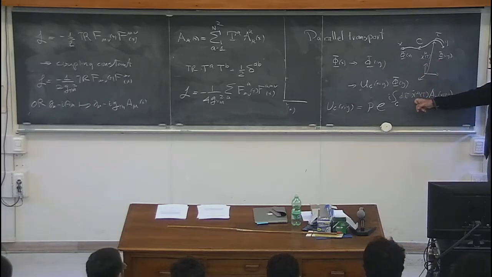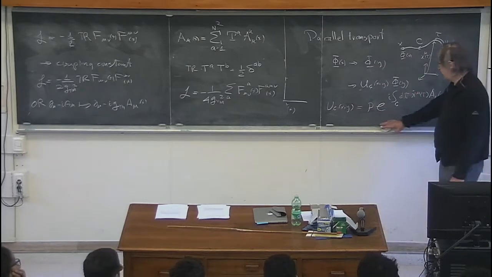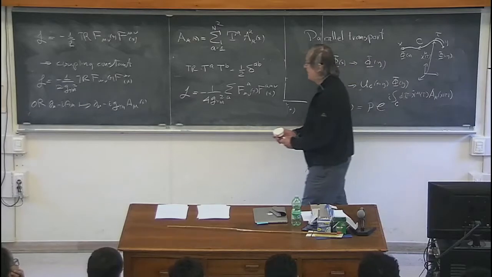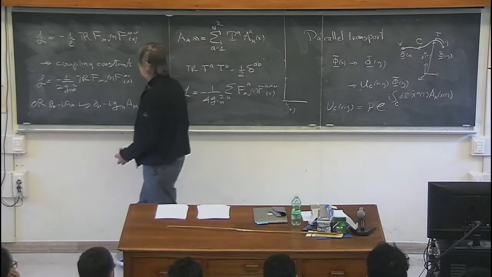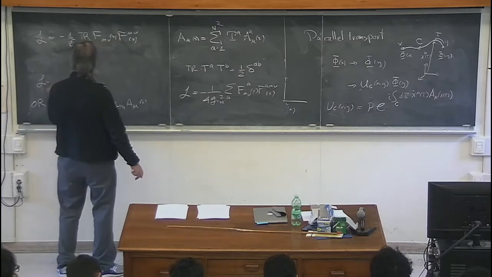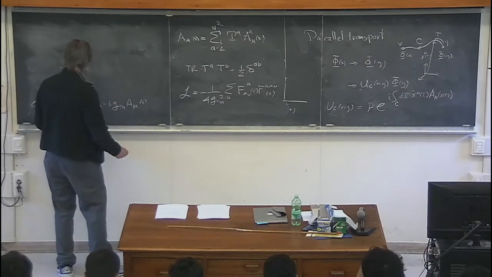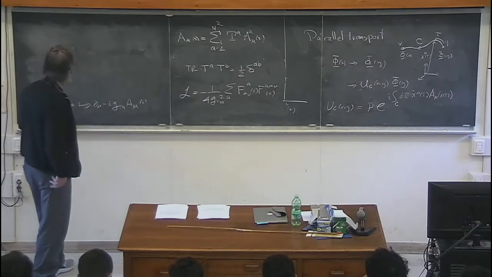Then you take its derivative to get the tangent to the curve, contract that with the connection, and that's the thing that you path order and line integrate to get the parallel transporter. Of course, under gauge transformations, this matrix that implements so-called parallel transport also transforms covariantly.